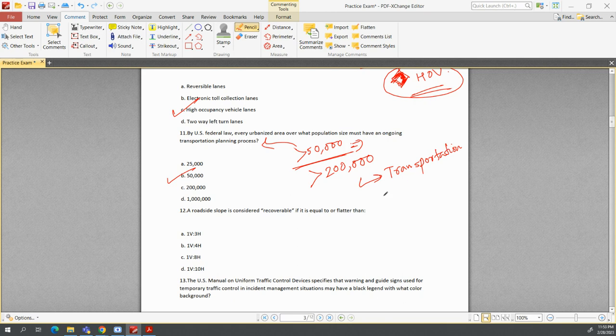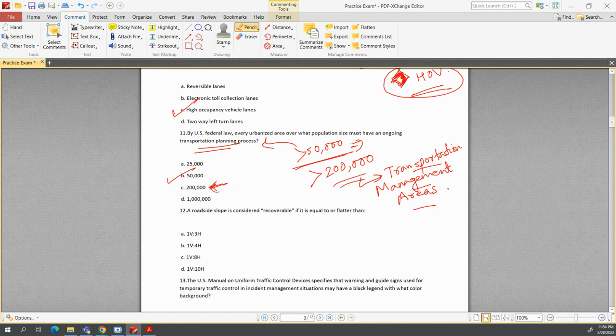These two numbers are very important. You see they have also given this number because some people will not exactly remember if it is transportation planning process or transportation management areas. To confuse those people, they gave the 200,000 also.